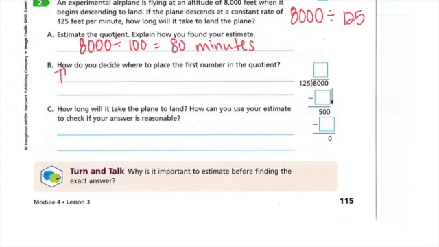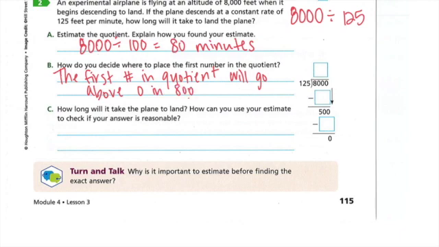So the first number in the quotient will go above the 0 in 800.